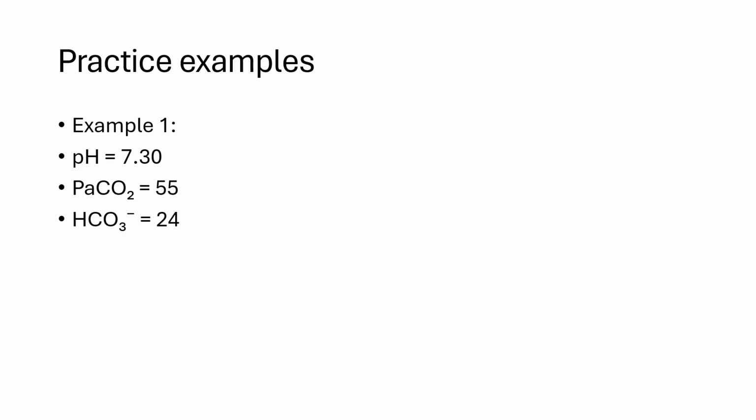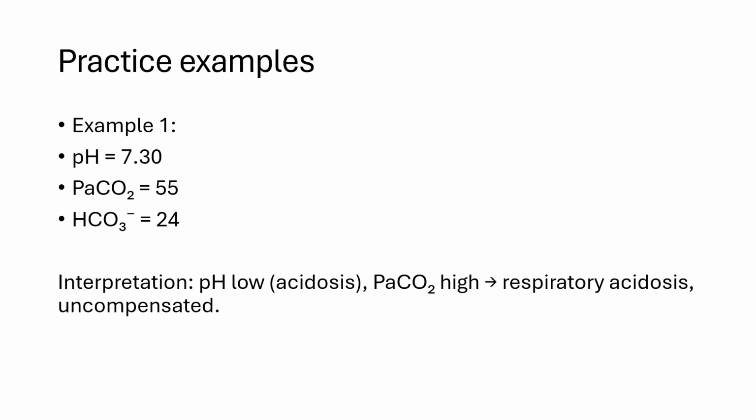That already tells me this is a respiratory situation. But let me make sure that the bicarb is okay. And our bicarb is okay. So we have pH down, PaCO2 up. That's 2 arrows going opposite. So respiratory if opposite. So it's respiratory acidosis because the pH is low. Let me see if I got that right. Boom, nailed it. You are going to be able to solve the majority of your ABG problems if you're able to look at it that way.